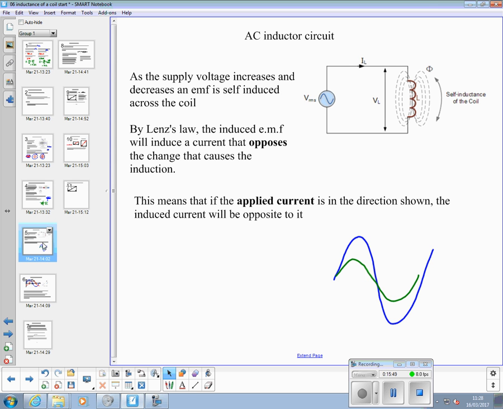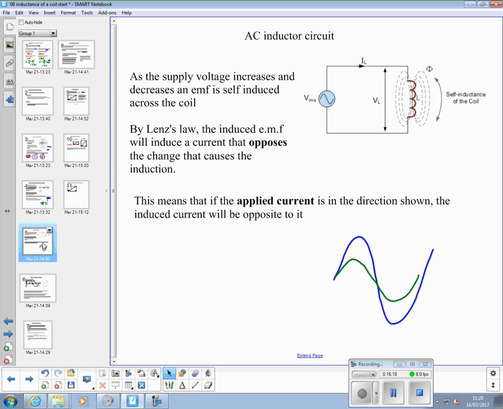And this is the hardest bit to get. It then expands in the opposite direction, so north and south poles reversed, and then it collapses. All the time that's changing, there's a relative difference. There's a change in magnetic field. And therefore that coil and the conductors in that winding are experiencing that change in magnetic field cutting across the conductors.